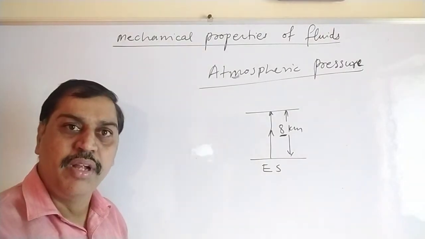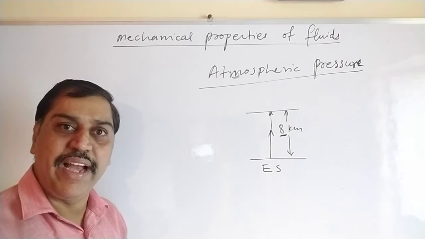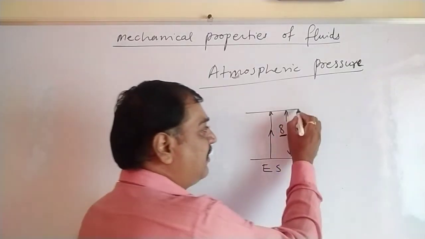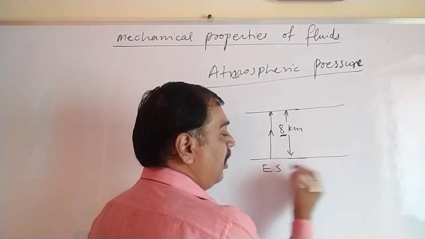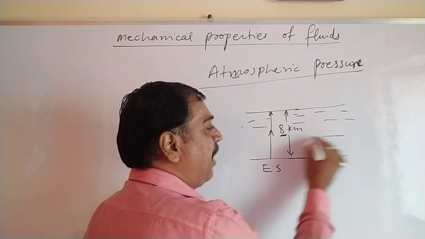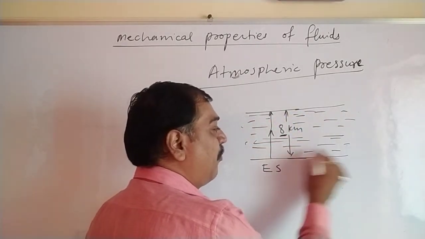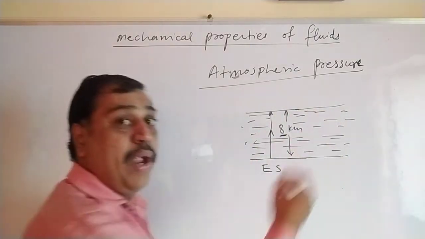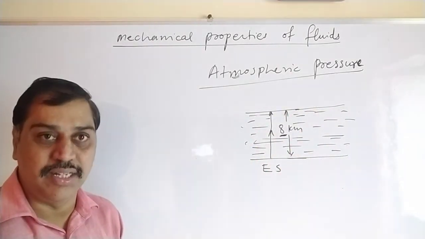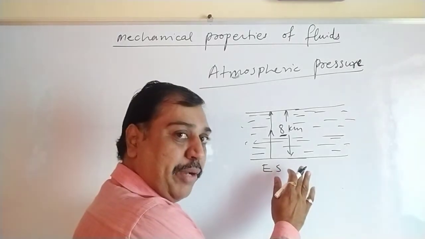So whenever we find out atmospheric pressure, you should take the air column up to 8 km. The air particles up to 8 km exert a force on the area on the earth's surface, and that force divided by area gives the atmospheric pressure.